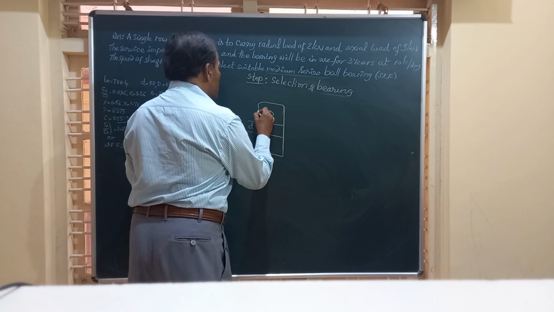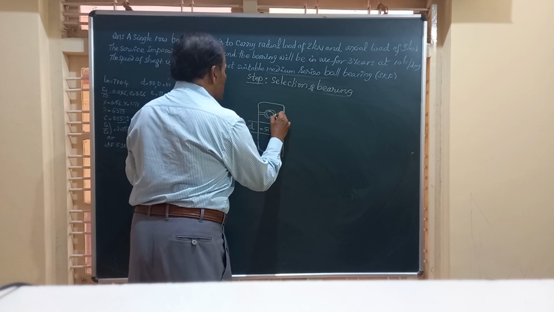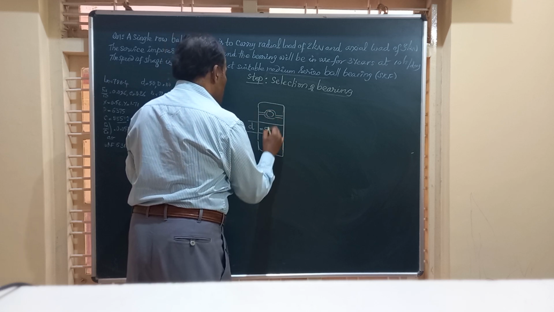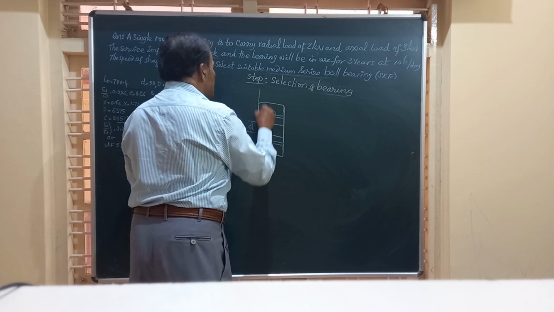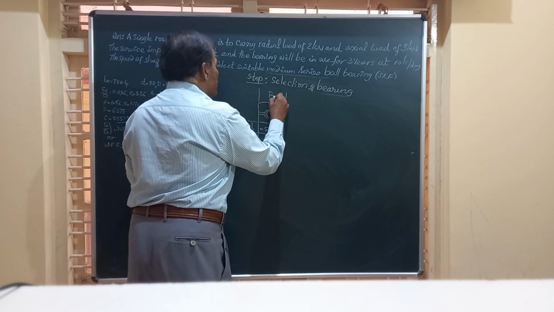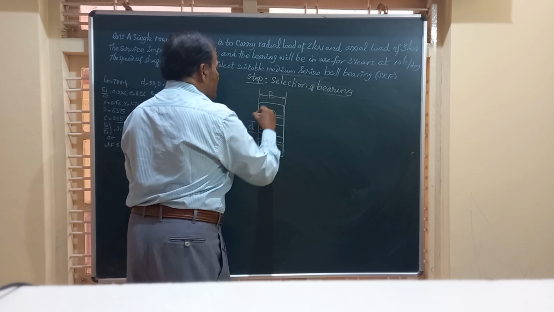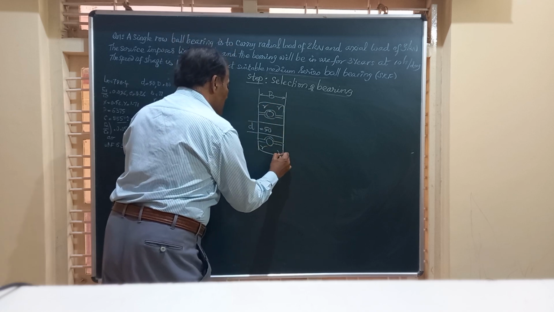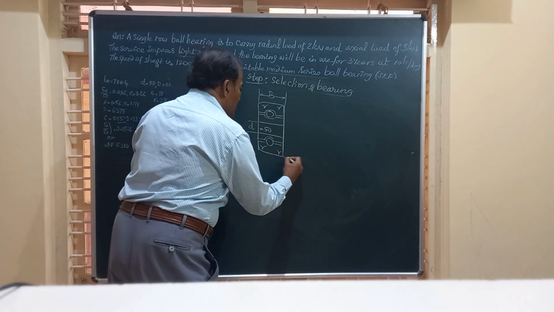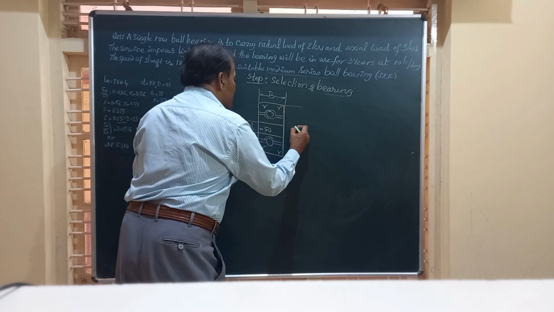You have this single row ball bearing like this, the outer race and inner race. And friends, this is the width of the bearing B.